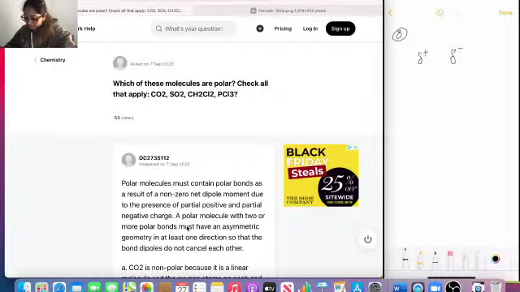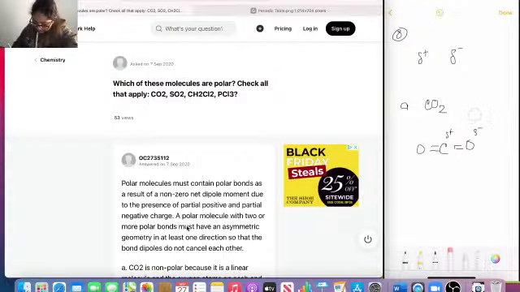polar or not. Okay, so basically, to do this, we can draw out the structures, and so let's firstly draw out CO2 in this case, okay? Carbon dioxide is a linear molecule, so it looks like this. Since it's linear, if you add the vectors, this is partially negative, this is partially positive, right?